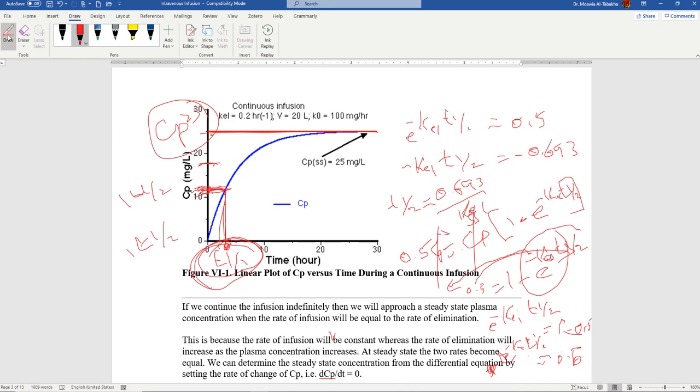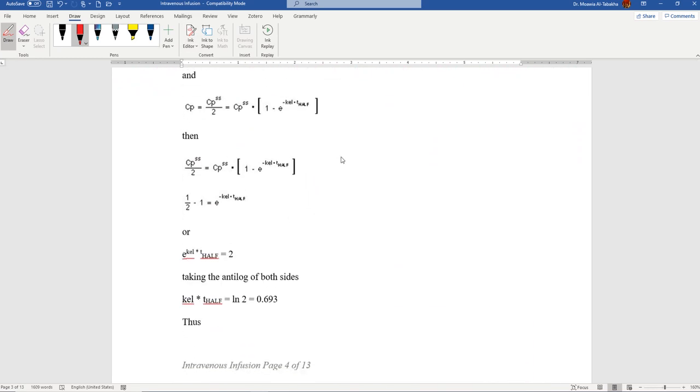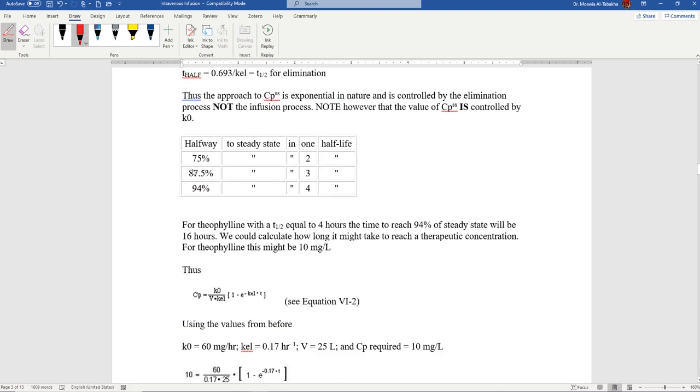In order to reach 87.5, half the way from 75 to 100, I need another 1 t half. Exactly, very similar but in the opposite way to the elimination half-life. So look at the following.